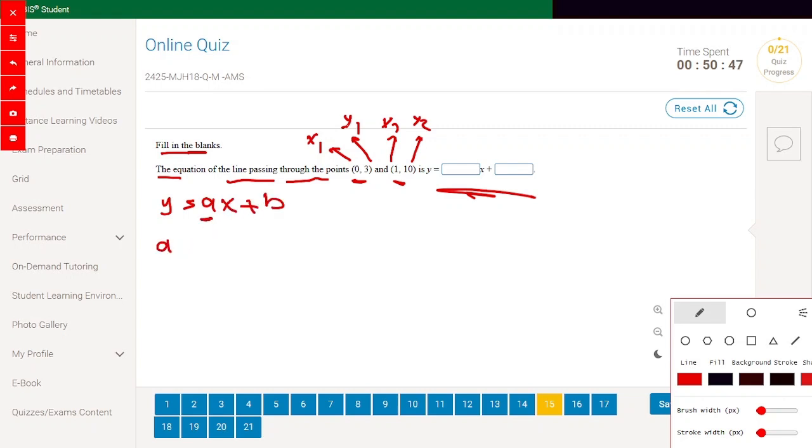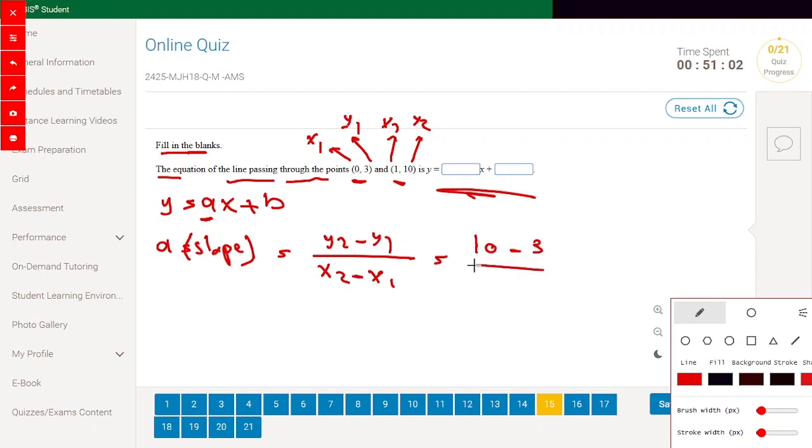So let's get a, which is y2 minus y1 divided by x2 minus x1. So it will be 10 minus 3 divided by 1 minus 0, so the slope will be equal to 7. So the equation will be y equals 7x plus b.